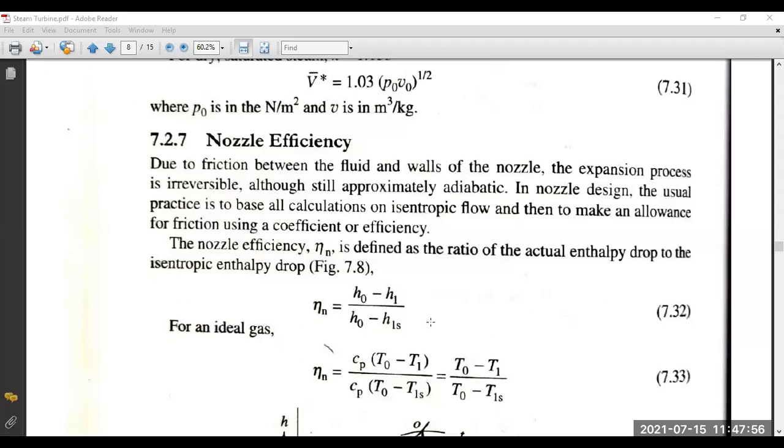If we drop a vertical line, it will reach the pressure P1, the outlet pressure, at 1s, which is the isentropic state. Here we show that this is the process. In the isentropic process there is no entropy rise, but in the actual process the entropy rises to a certain extent, and the enthalpy also changes, but not to that extent. Entropy rising means there is a considerable amount of heat loss from 1s to 1.